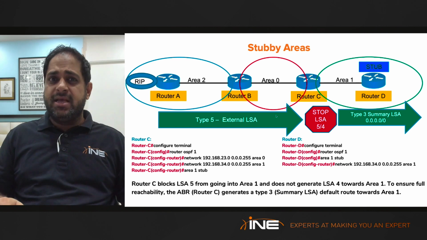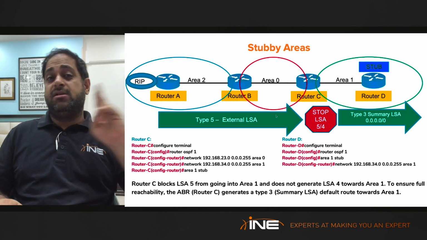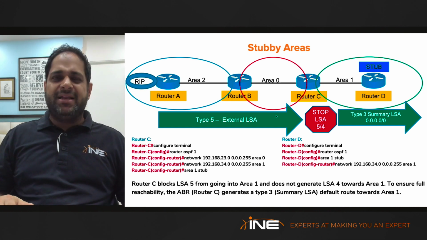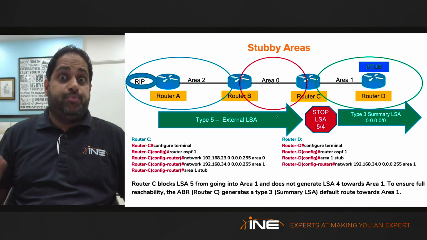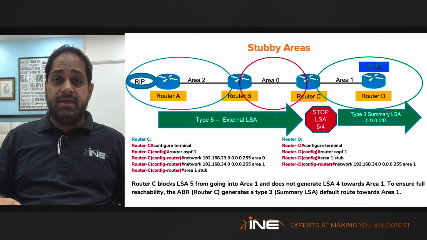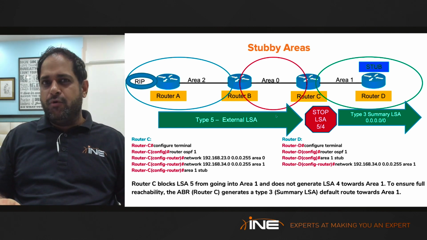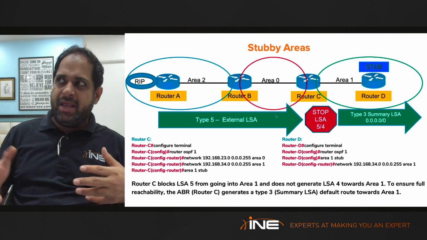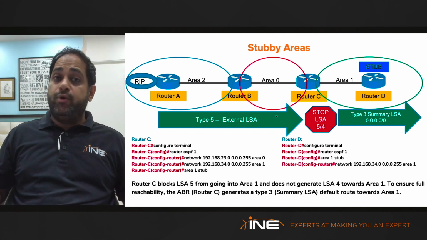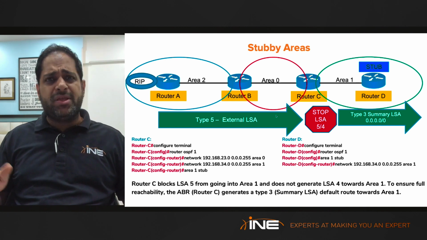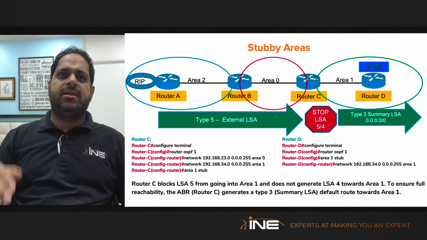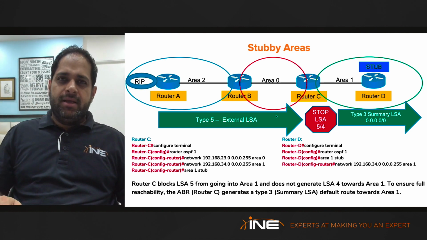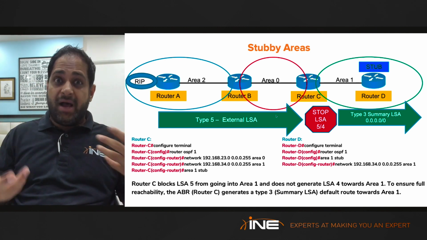In that case, there would be 200 external routes going throughout the OSPF domain, which basically means that my routers need to process all those updates. So if I have lower end routers, maybe the CPU is not that strong, maybe the memory is low, or maybe the router is running at 90% utilization. The CPU is always at 90% because it has to process so many updates.